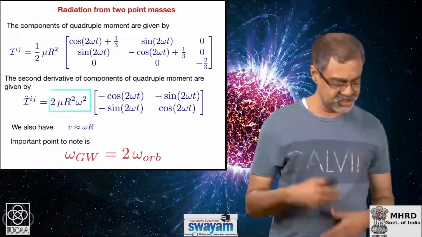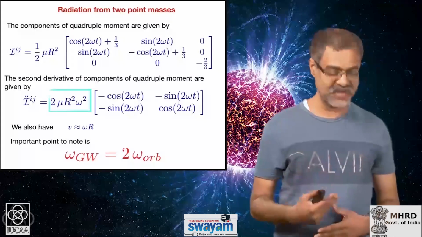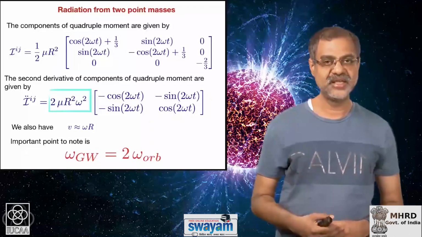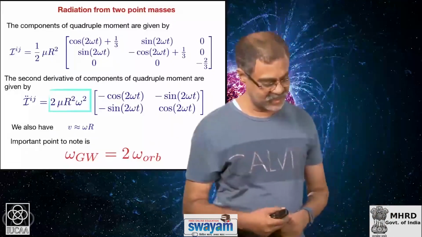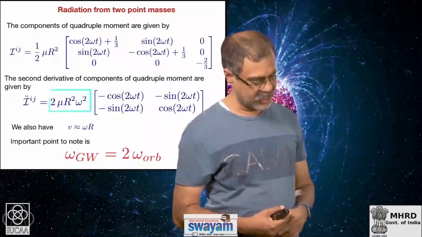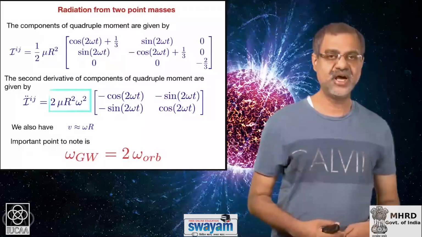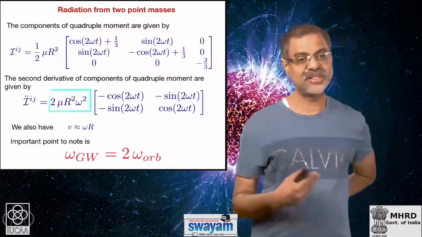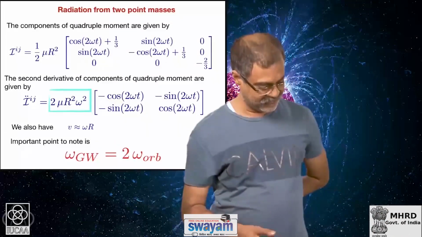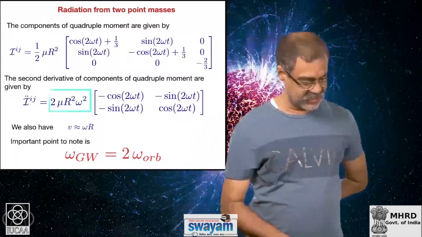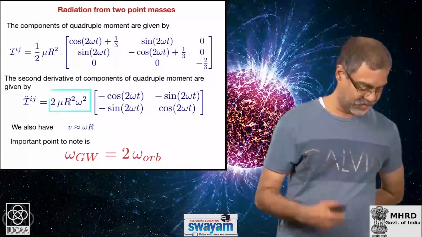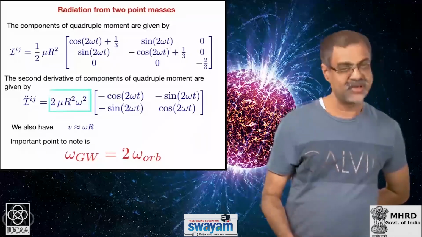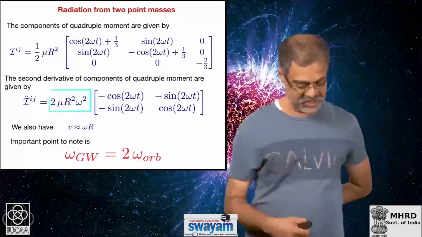On the other hand, you should also note that the frequency of the gravitational wave emitted is coming as cos omega t and sin omega t. These two terms give 2 omega t, that is twice the orbital frequency, which says that the gravitational wave frequency emitted is 2 times the orbital frequency of the binary system.